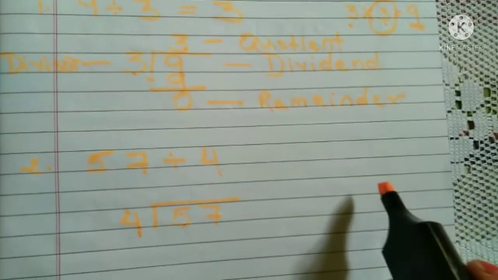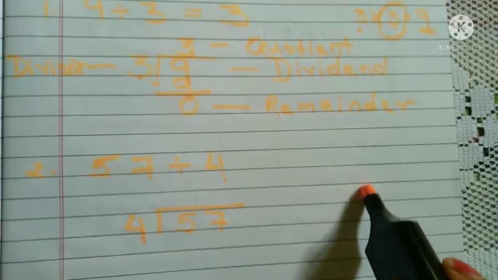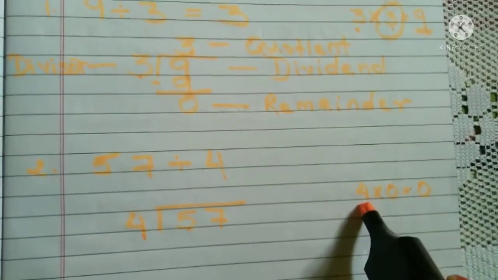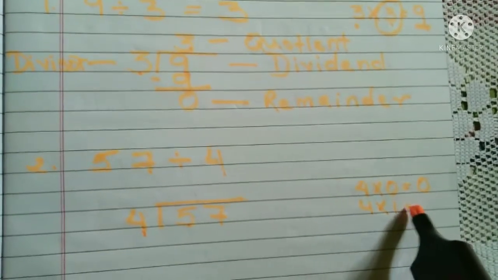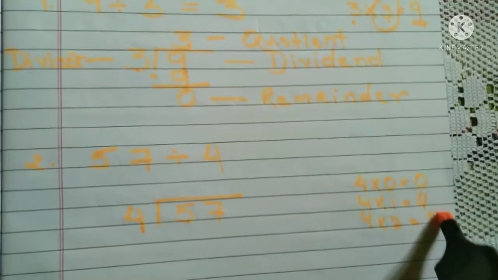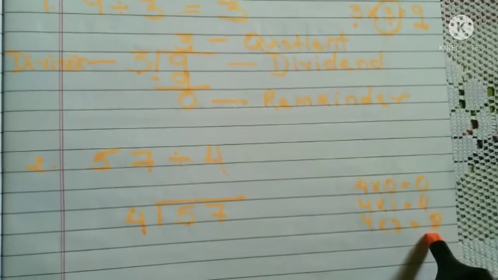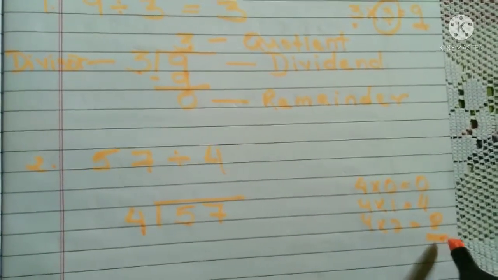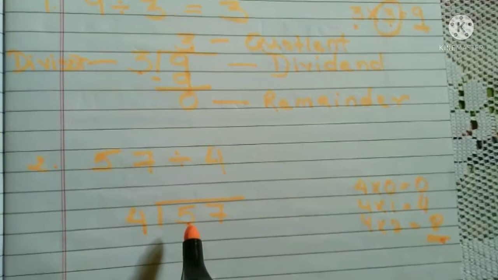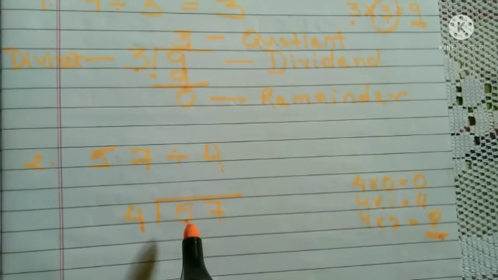As we already know the table of 4, 4 multiply 0 equals 0, 4 multiply 1 equals 4 and 4 multiply 2 equals 8. Now we can see that 8 is greater than 5. So we cannot take a number which is very big.